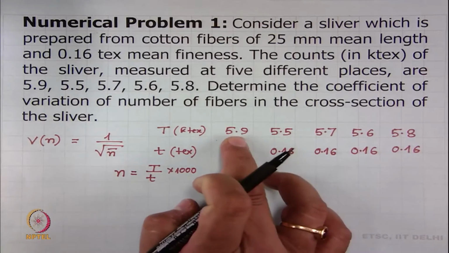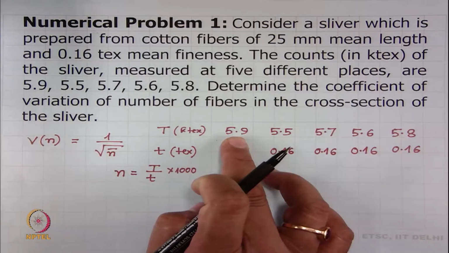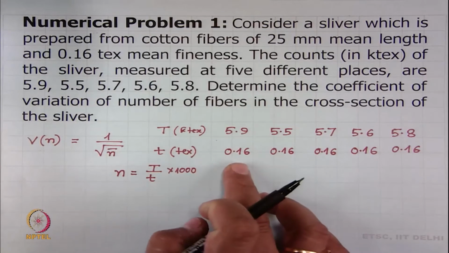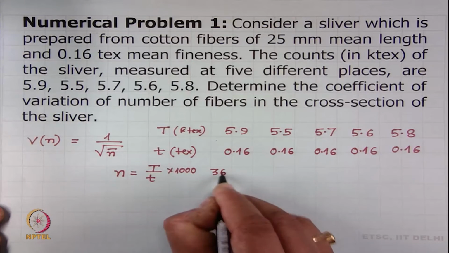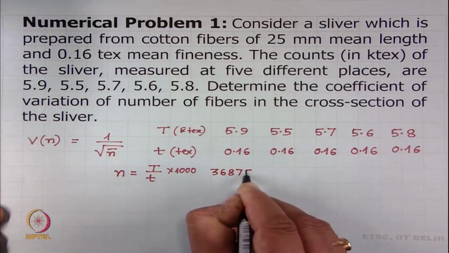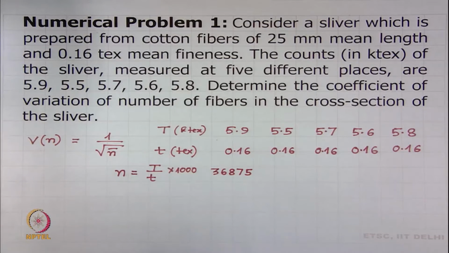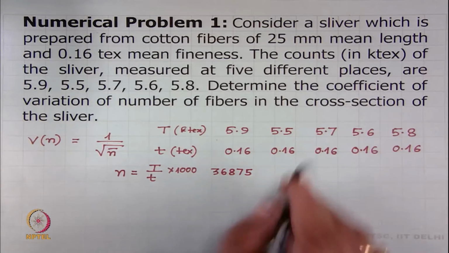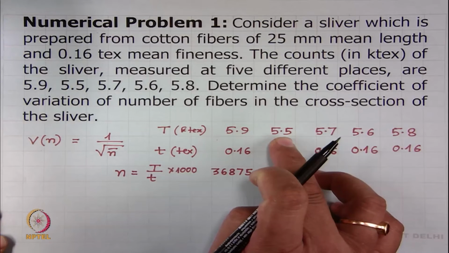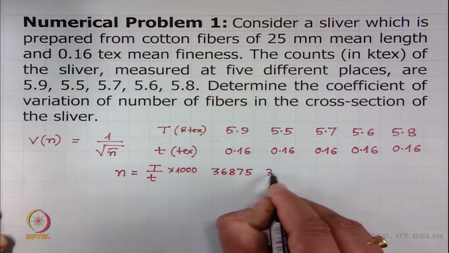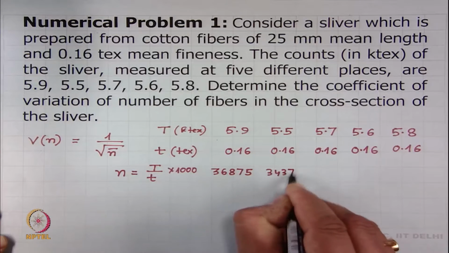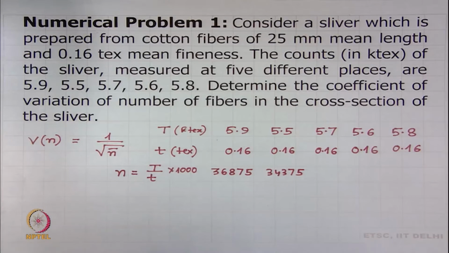So, 5.9 kilotex means 5900 tex divided by 0.16. This will give you this number. Then 5500 divided by 0.16 will give you this.